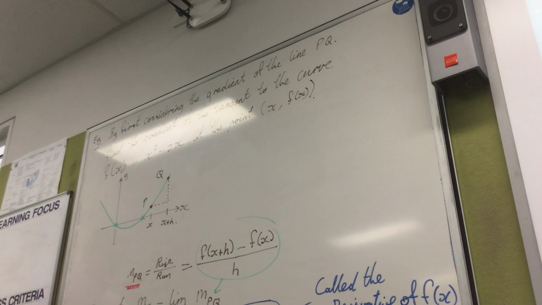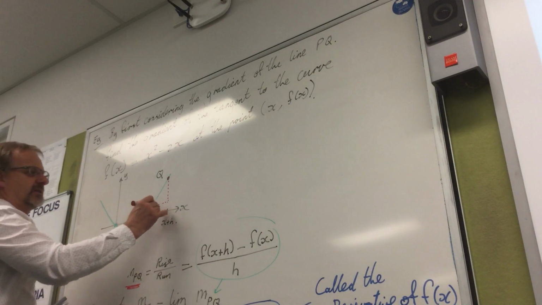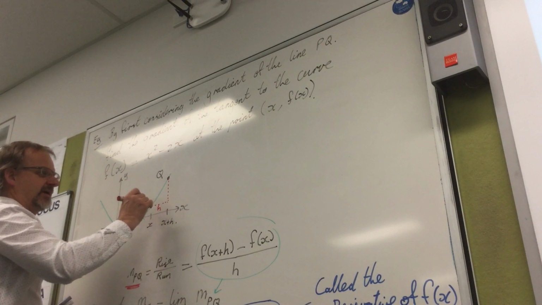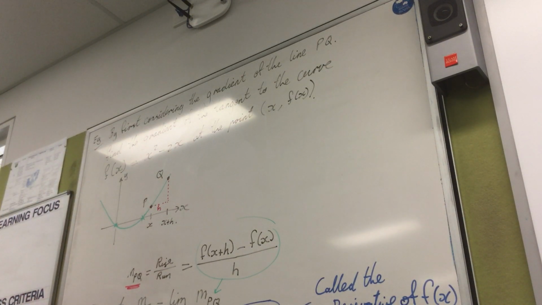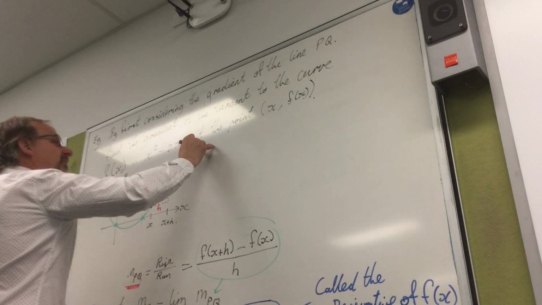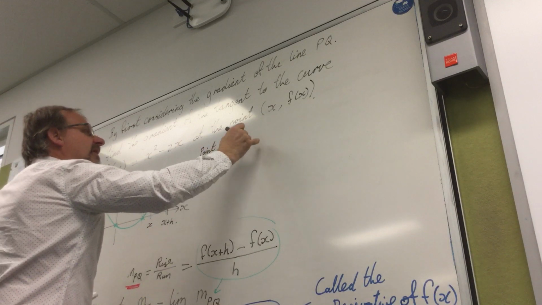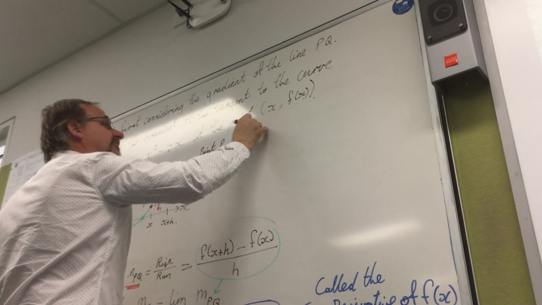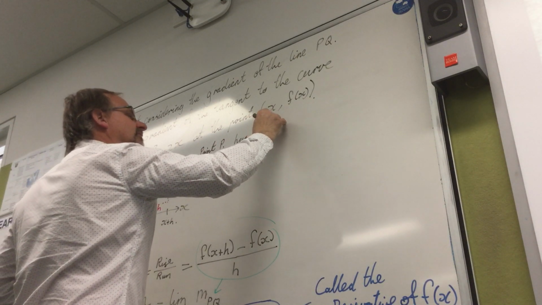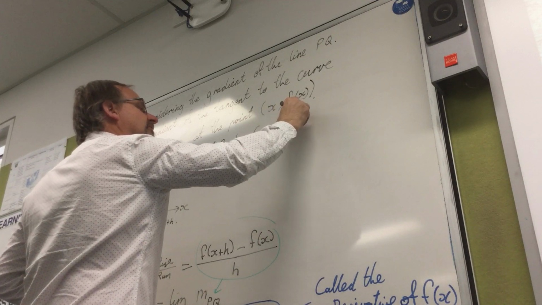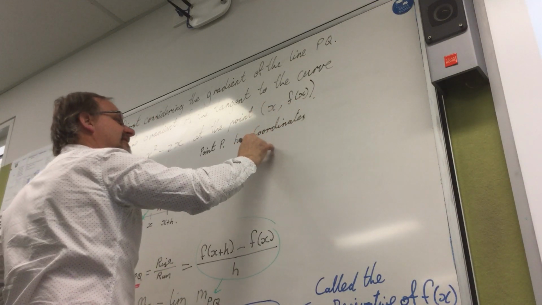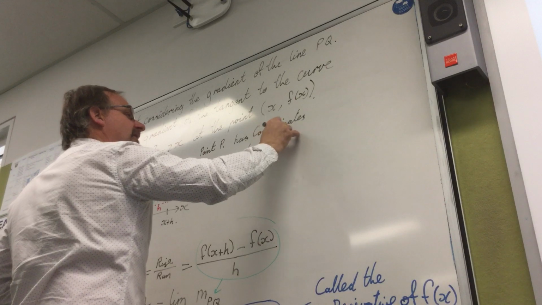The distance between these two is always going to be h, so we're always going to use the run as h. So point P has coordinates x and f of x.